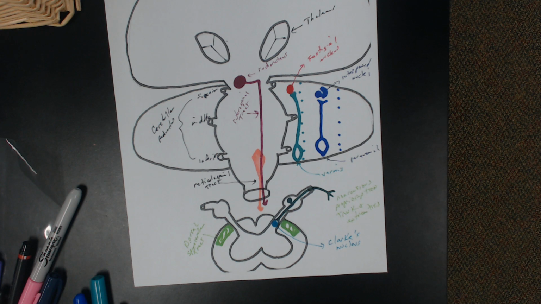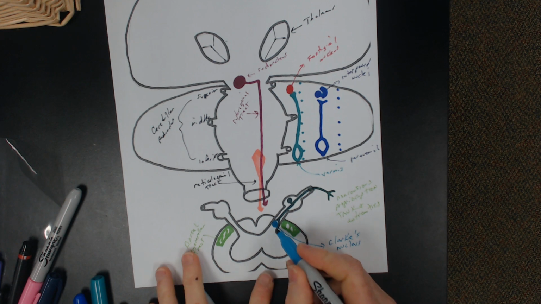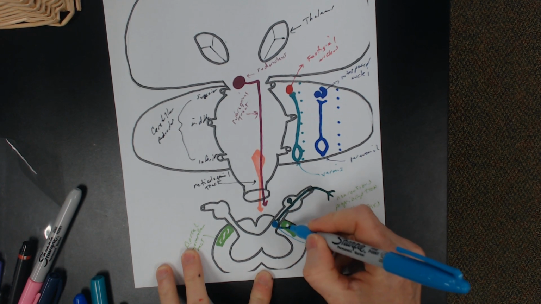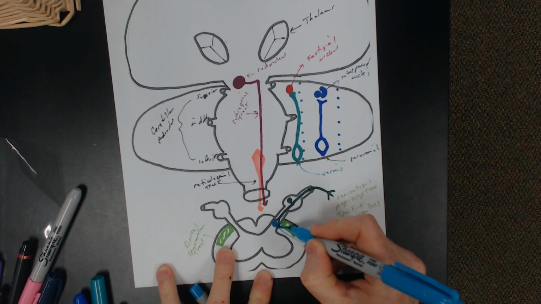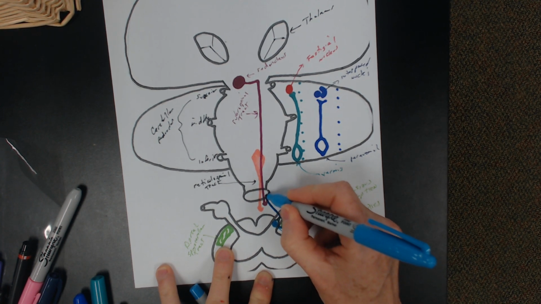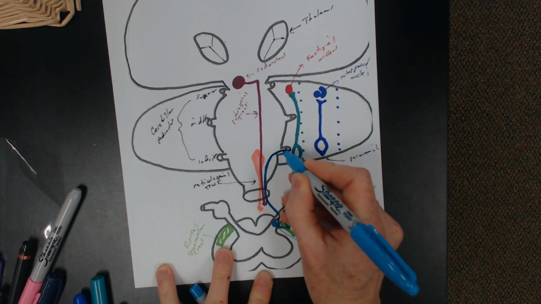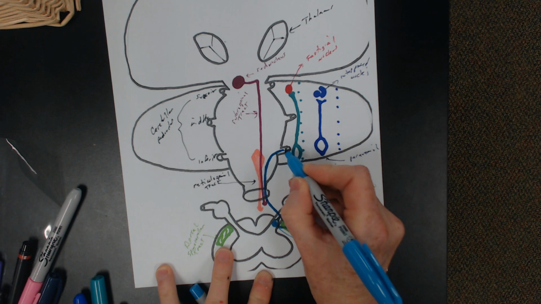Once it synapses on Clarke's nucleus, Clarke's nucleus sends out an axon that stays ipsilateral, travels up the spinal cord through the dorsal spinocerebellar tract, and comes in through the inferior cerebellar peduncle.